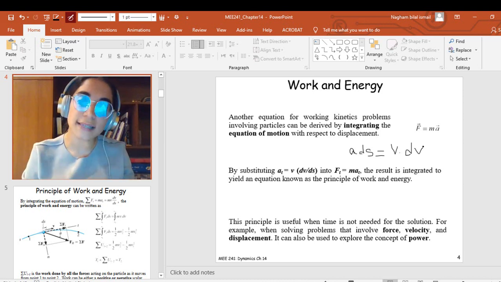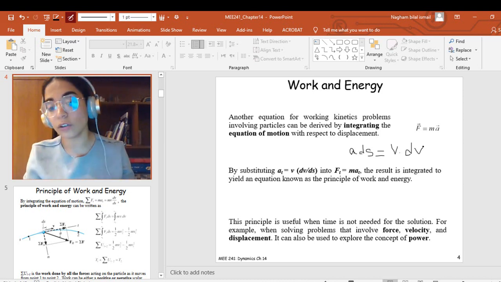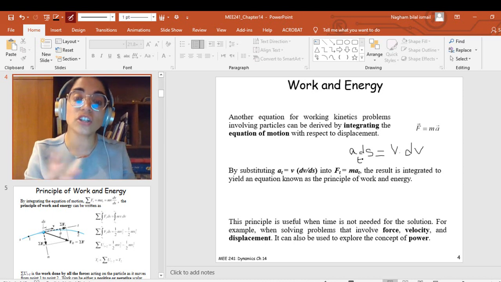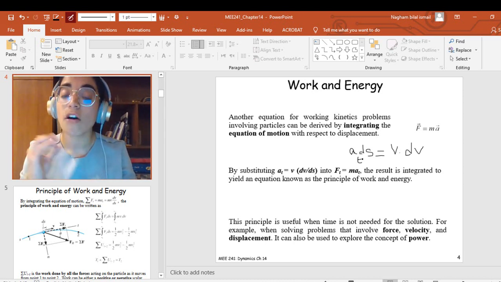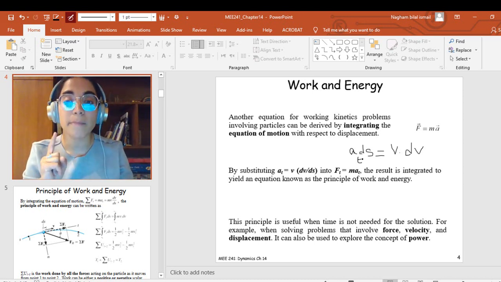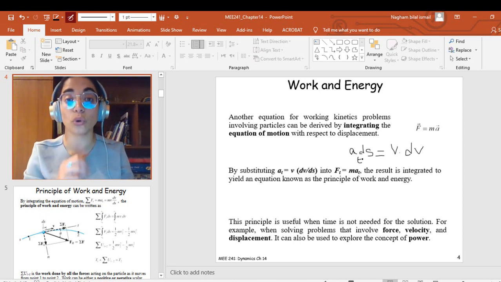Now, if I'm going to use this equation in curvilinear motion, what I should modify is this acceleration right here. I should use the tangential acceleration because I know that the tangential acceleration stands for the change in speed, right? So here, since I mean by this A, the change of speed, then I can use at ds if this is a curvilinear motion or a ds if this is a rectilinear motion.